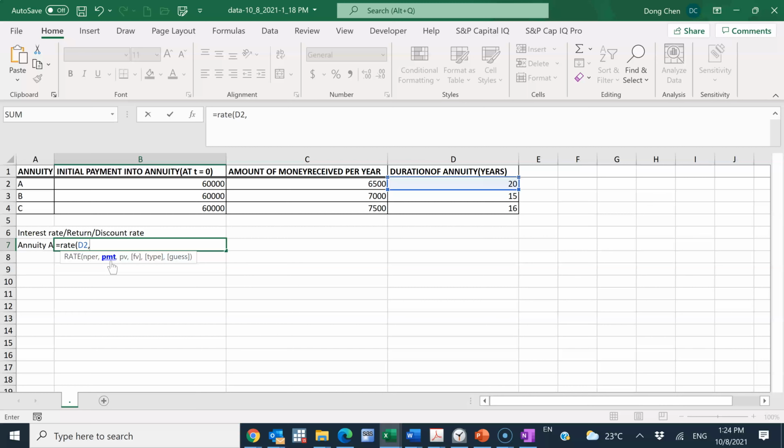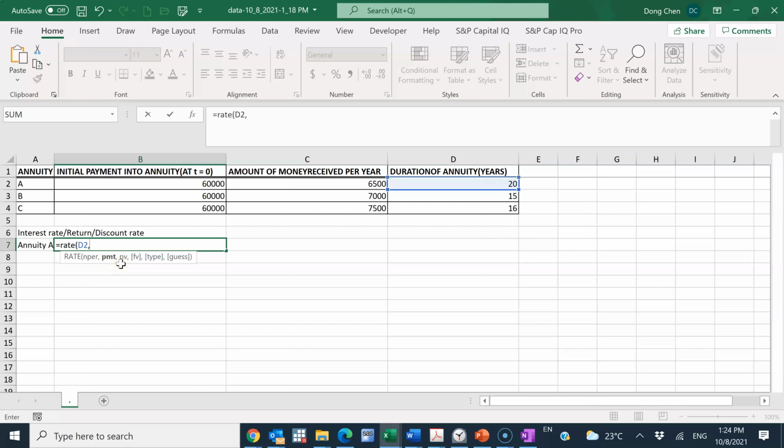What that means is that if we want to use a positive annuity payment, then we have to have a negative present value. And then we can also switch signs for both, which means that we can have negative annuity payments, but then we need to have a positive present value. So that's the rule here.